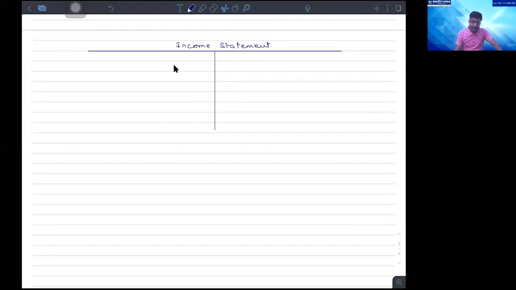So when I'm preparing my income statement, whatever is the income I have credited to this, for earning this income, all the expenses should be recognized. So if there is an expense which is incurred but not yet paid and related to the current year income, add it.